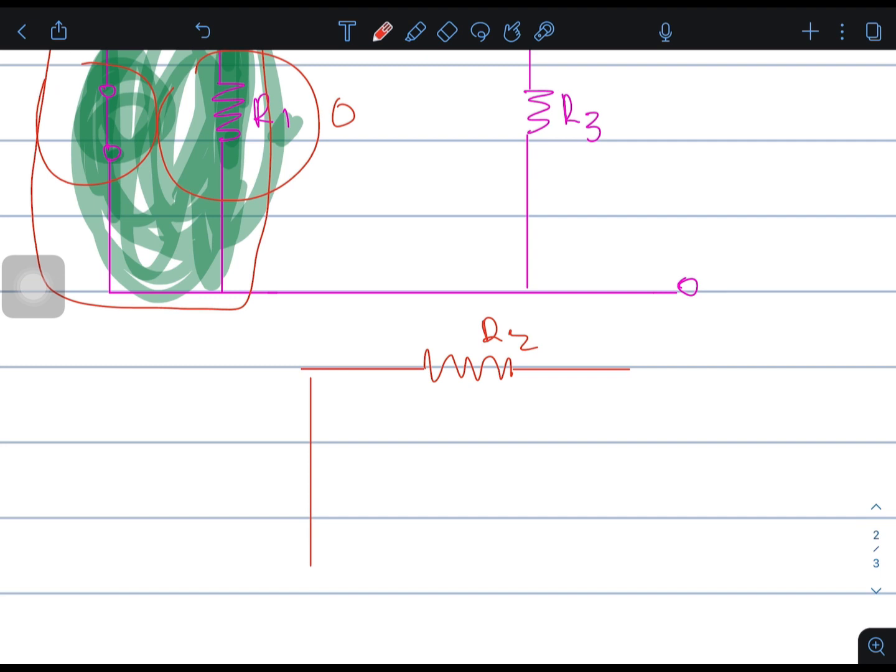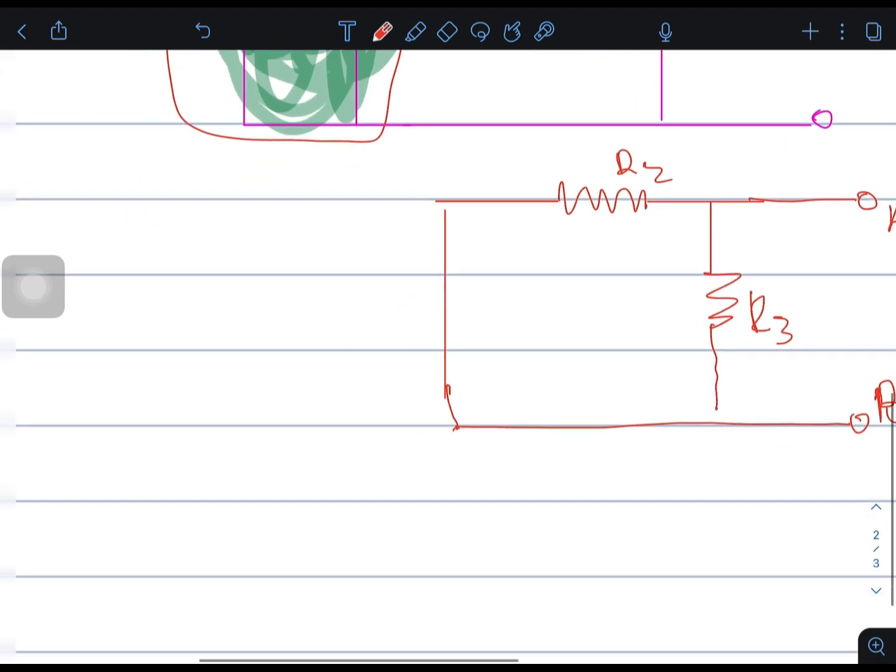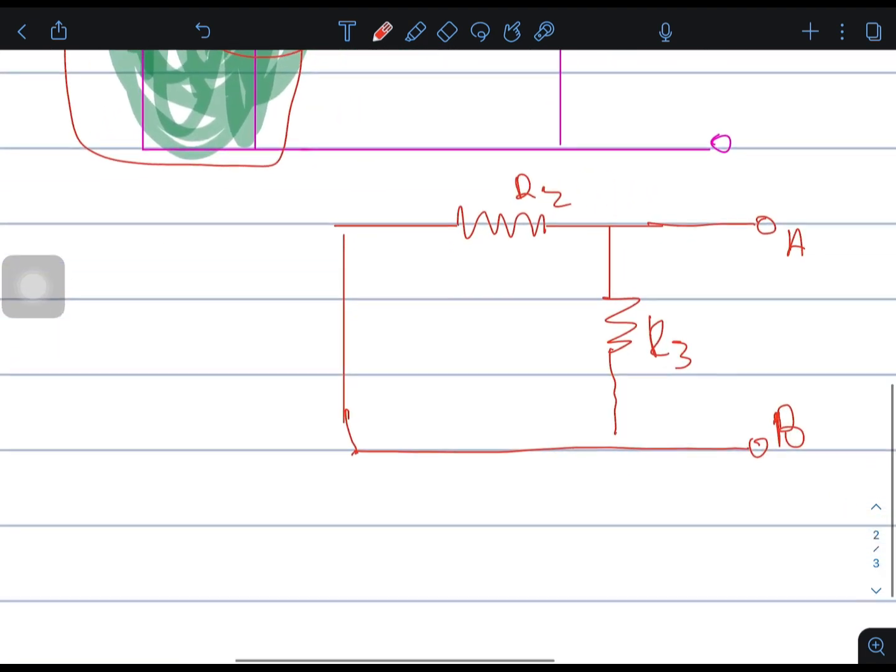So now our circuit is like this: R2, R3, then terminals A and B. Now we have to calculate the Thevenin resistance, meaning the resistance between terminals A and B, which is the total resistance. We can see that R2 and R3 are in parallel.